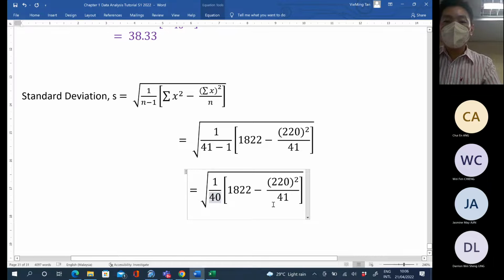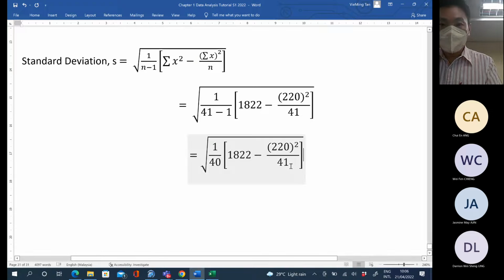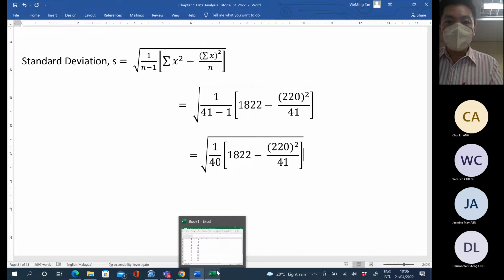Or maybe you can just simplify directly here. 220 power 2, then divided by 41. So continue the same process, or maybe you want me to show the workings. You can either use a calculator to help you calculate this part, simplify.